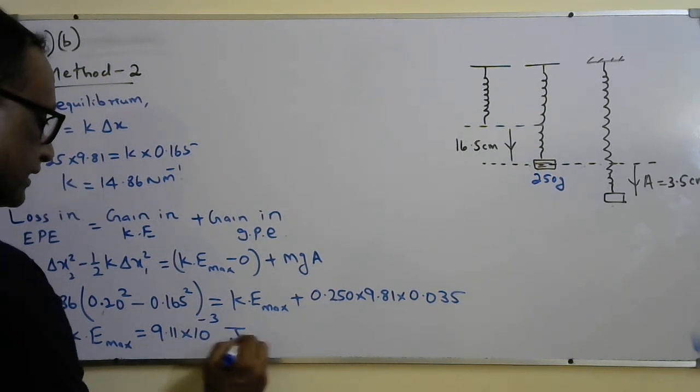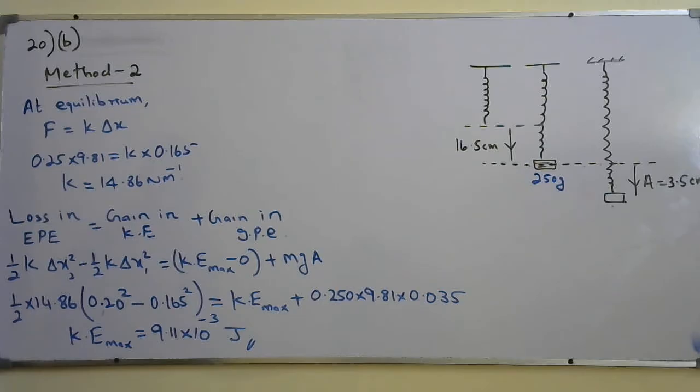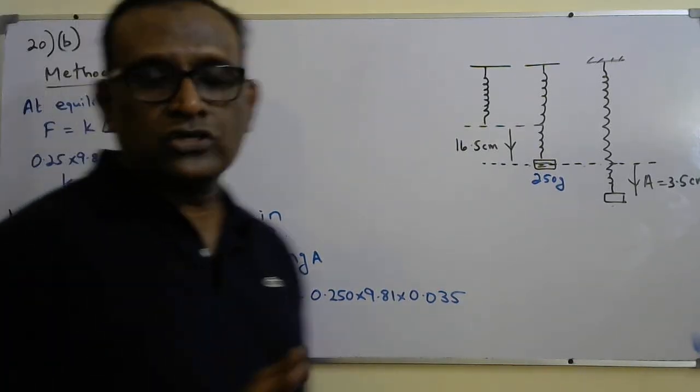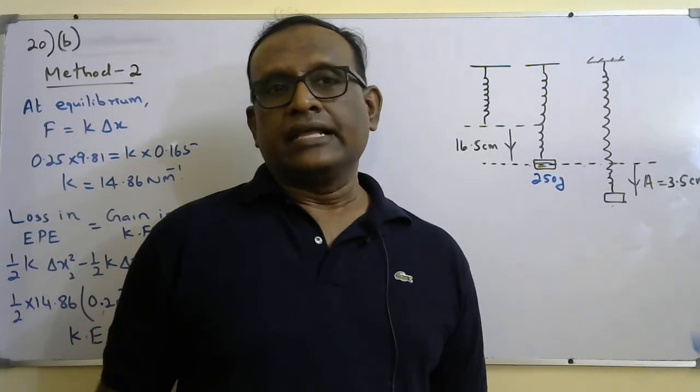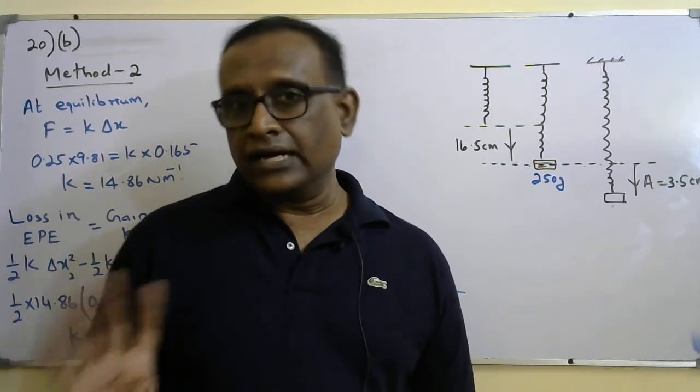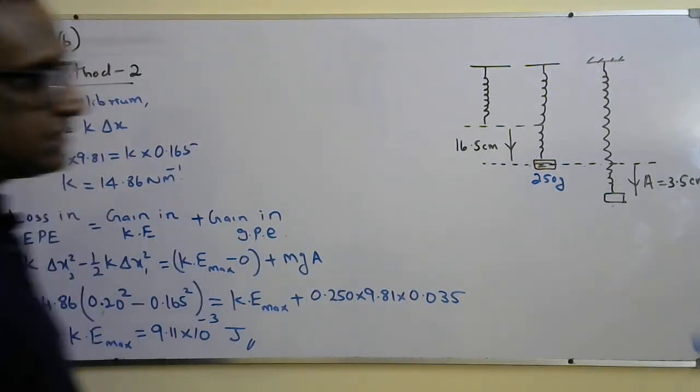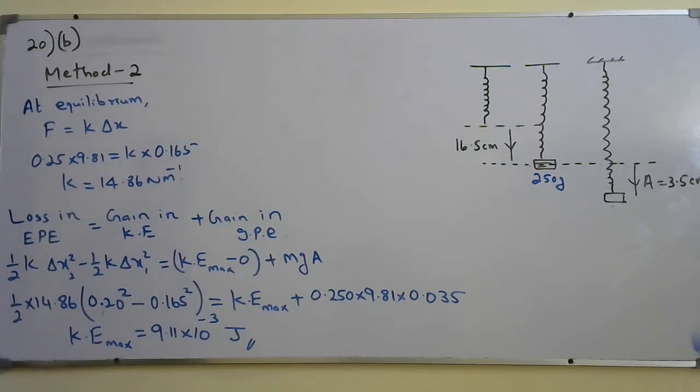Same answer, you will get it. So here I am not using the equation for period T equals 2 pi square root of m over k. I am not using V max equals A omega either. Just conservation of energy.